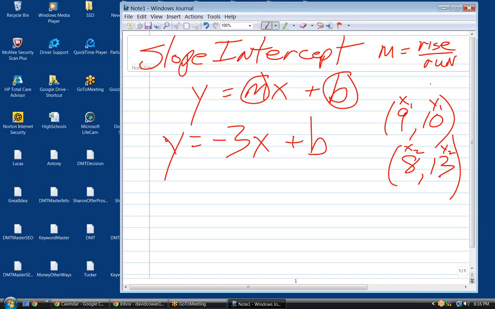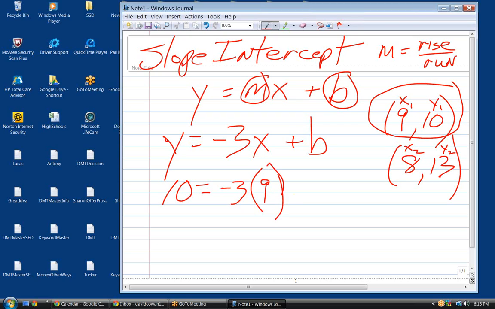So let's pick the easiest point to work with, that one. I'm going to plug in that x value for x, and the y value for y, and now I can calculate b.